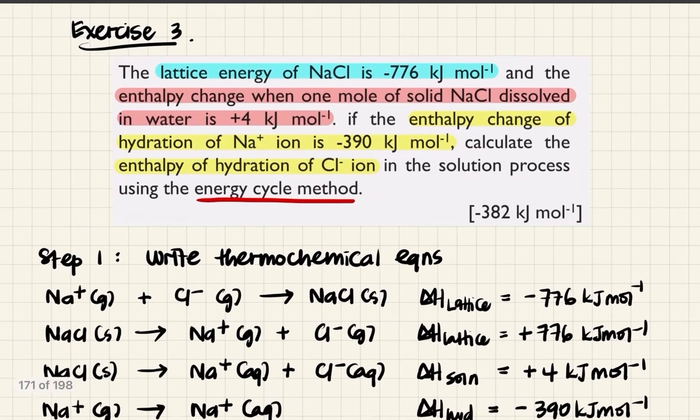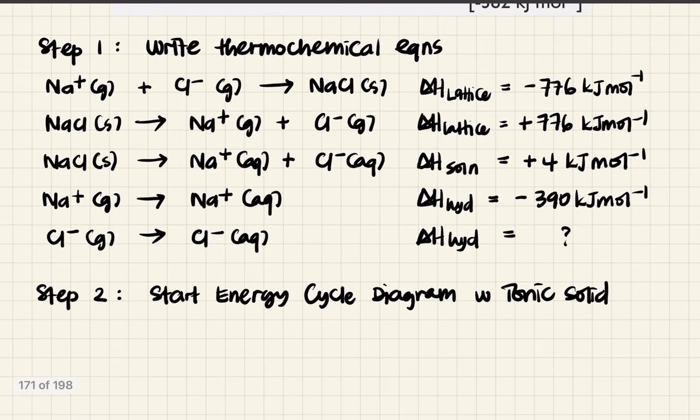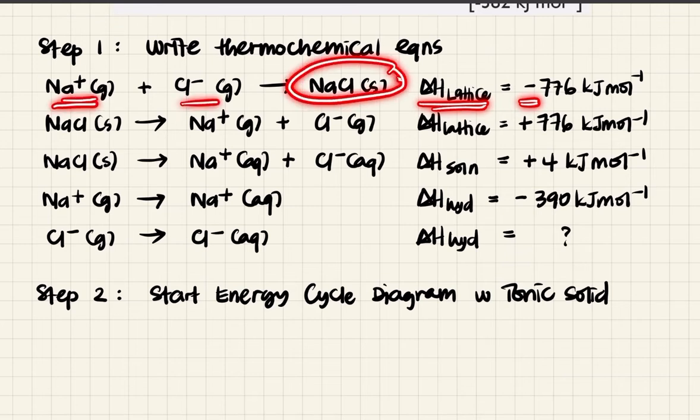So first things first, you need to write your thermochemical equations. The first information that we have is delta H lattice of formation, since it is negative. You are forming your ionic solid from your gaseous ions. But in our energy cycle method, we will be using the other one, which is plus, which is lattice dissociation.